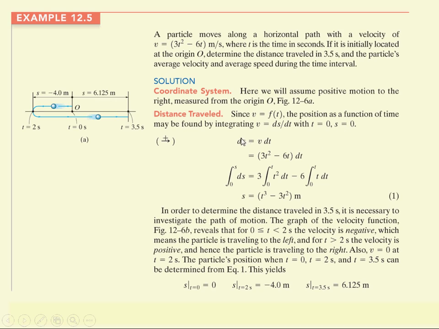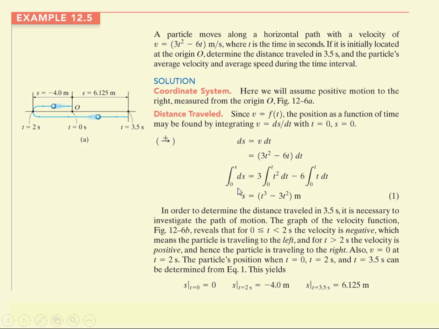So if you integrate this, we are integrating this function right here. Remember the additive properties of integrals, that the integral of the sum is the sum of the integrals. What is the integral of 3t squared? Let's get those good brains working to integrate.